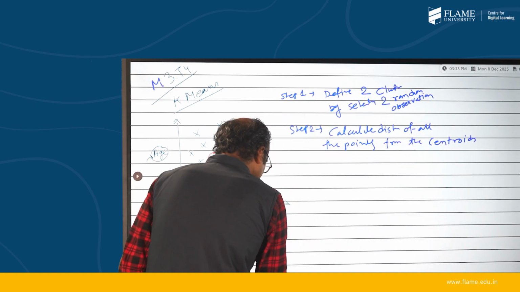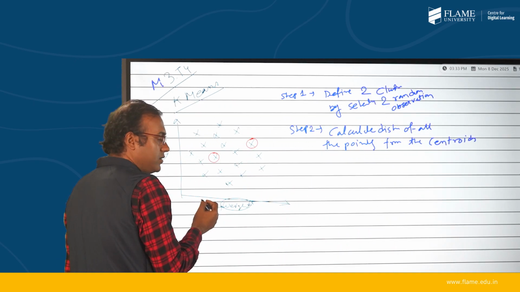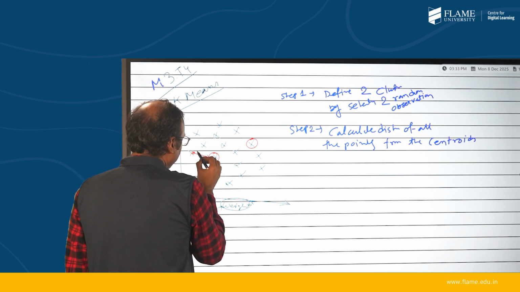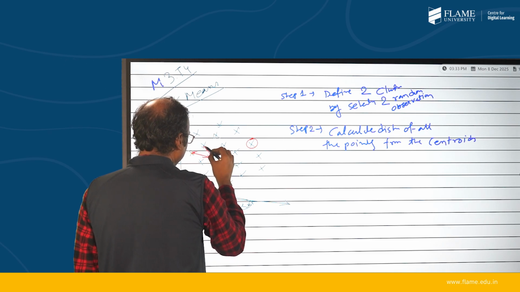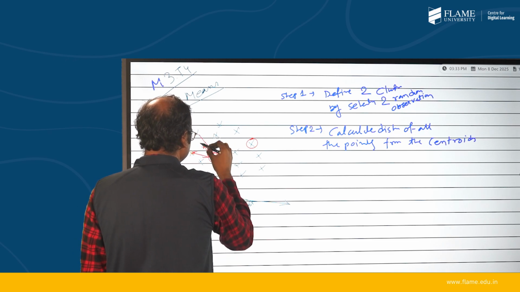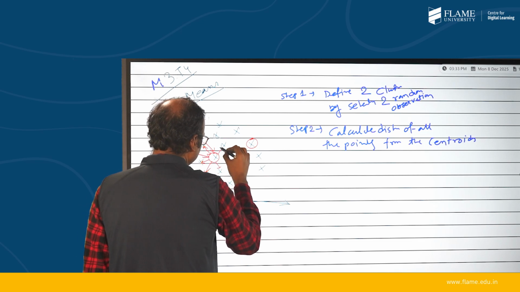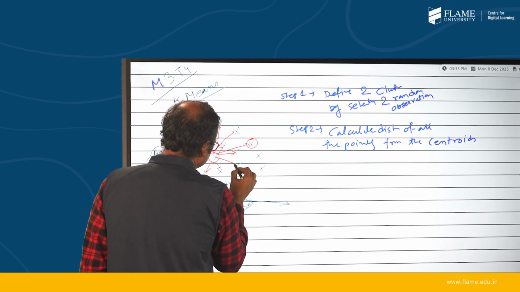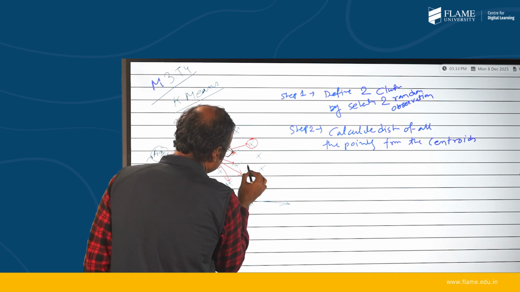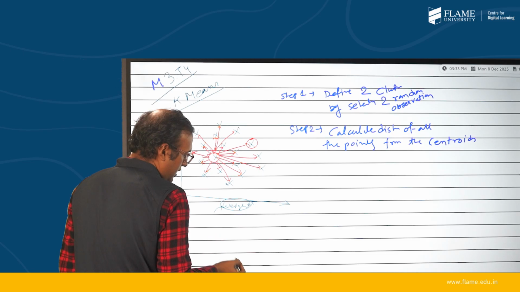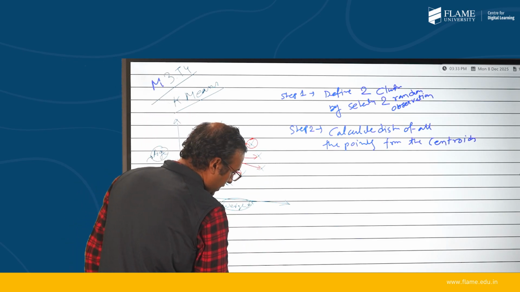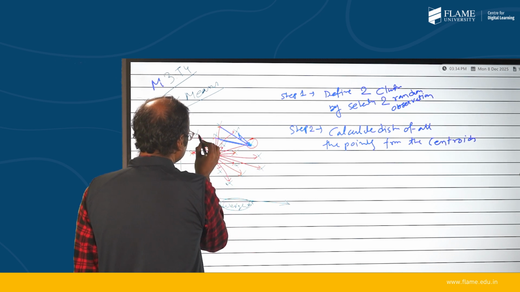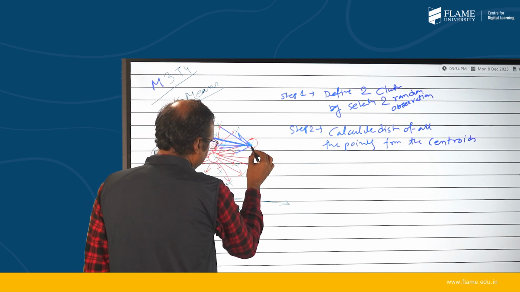So what is the meaning of that? Once I define the two centroids, I have to find out the distance. So the distance between these two points, then between this point, this point, this point, and so on, the same for this one also.